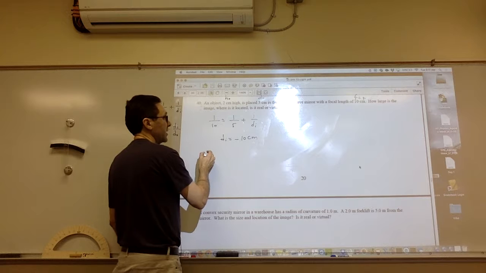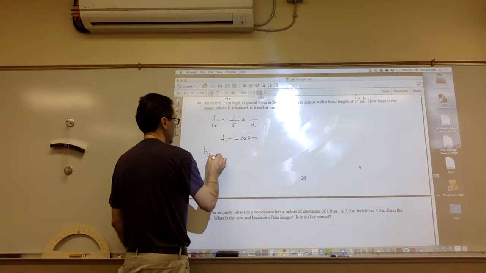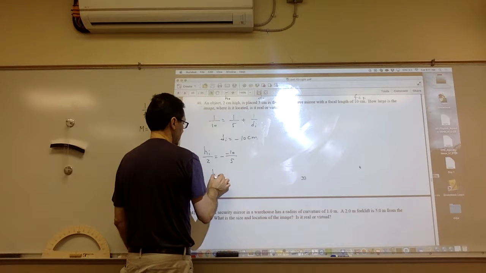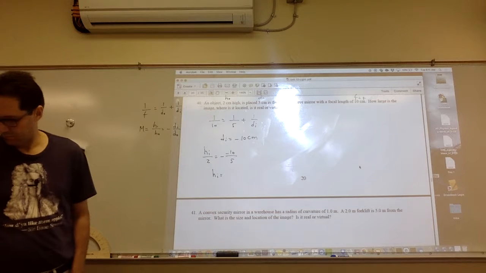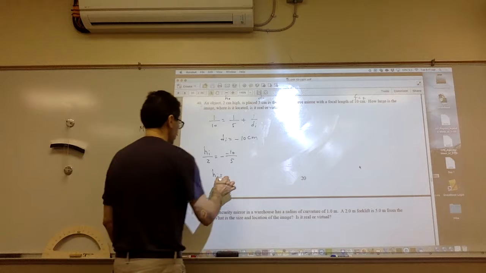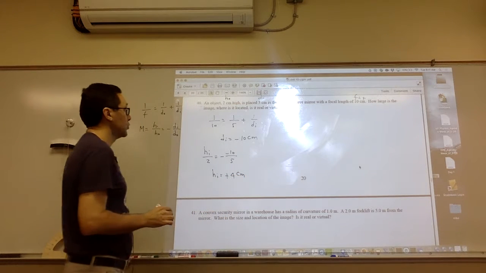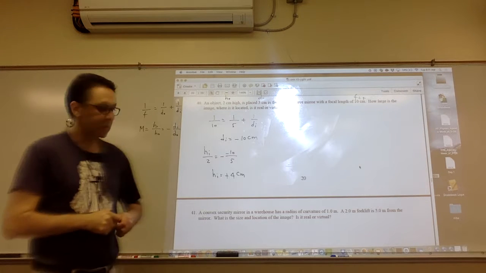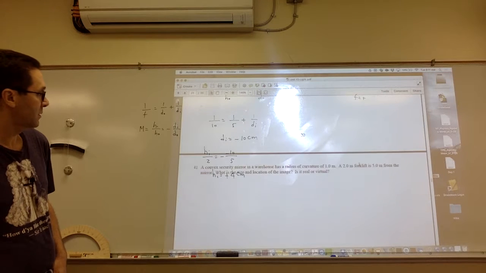Now we're going to do the magnification equation. HI over HO equals negative DI over DO. So HI should be equal to positive 4 centimeters. So that's a virtual image, and it's upright because the HI is positive.